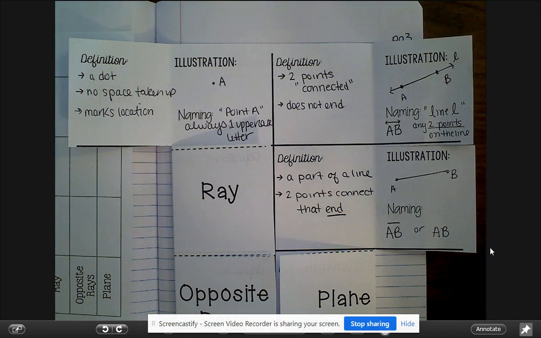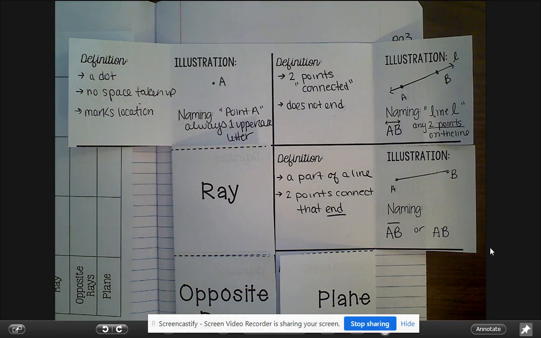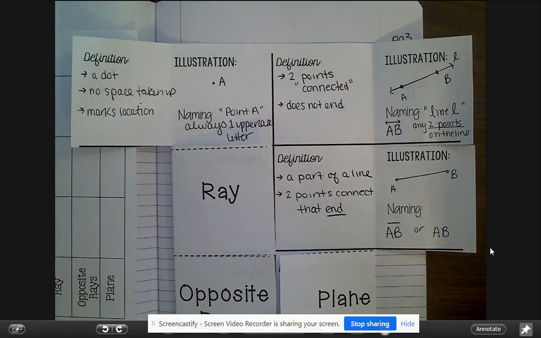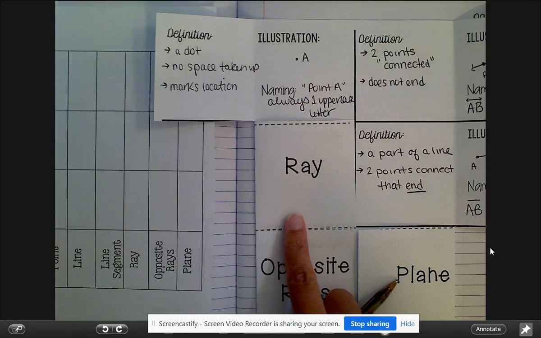Okay, so if I have something like that, like I have a line, but I want one end of the line to end and have like an endpoint, but the other I want to continue off in another direction forever, then I have what's called a ray.